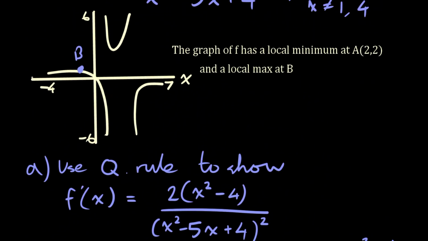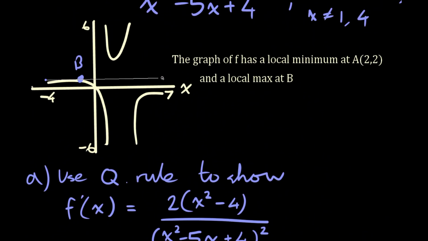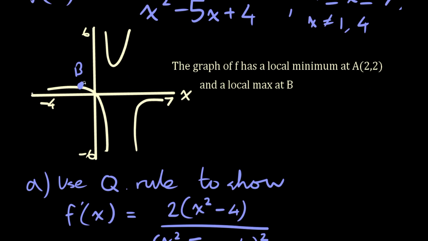If we look at this graph, we can see that these are the values that would be permitted in between this gap from the local minimum and the local maximum. So I guess we are going to have to find the y coordinate of b after all, because we're going to need to find the range of values between b and a.